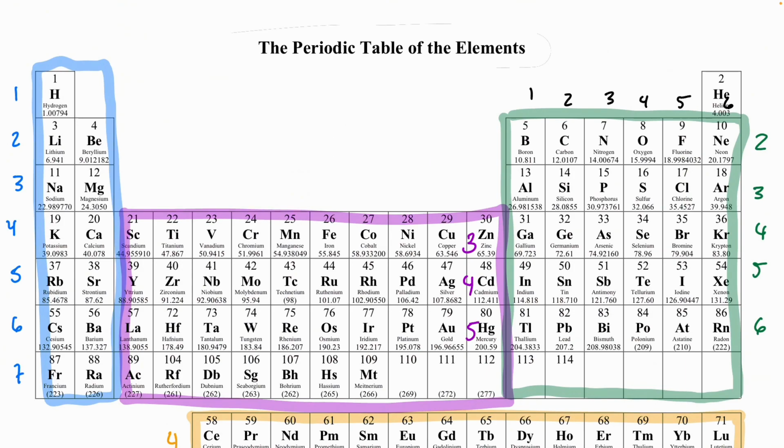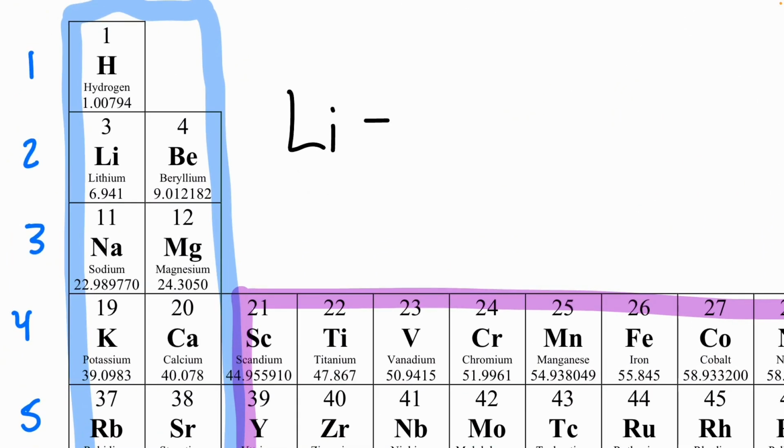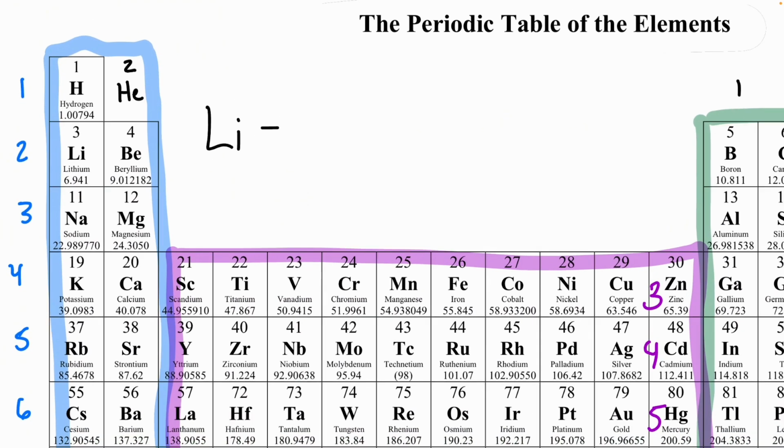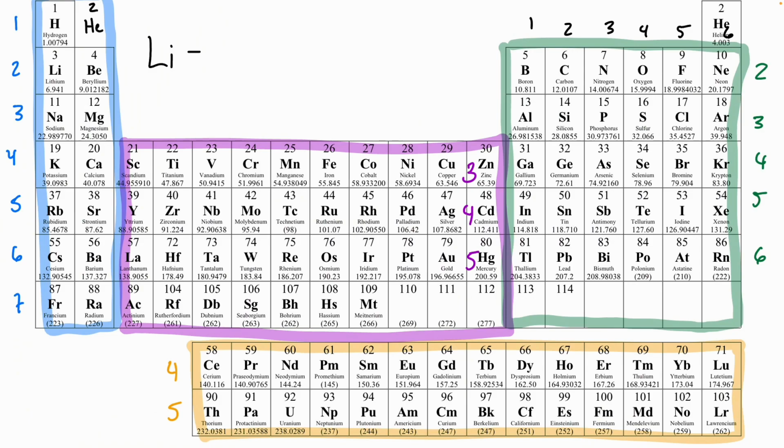Okay, I want you to give me lithium's electron configuration using that noble gas abbreviation. Remember, helium is really in the wrong place. It should be right here as the second element in that 1s row. But helium will be the next smaller noble gas, so you'll use helium to abbreviate lithium's electron configuration.